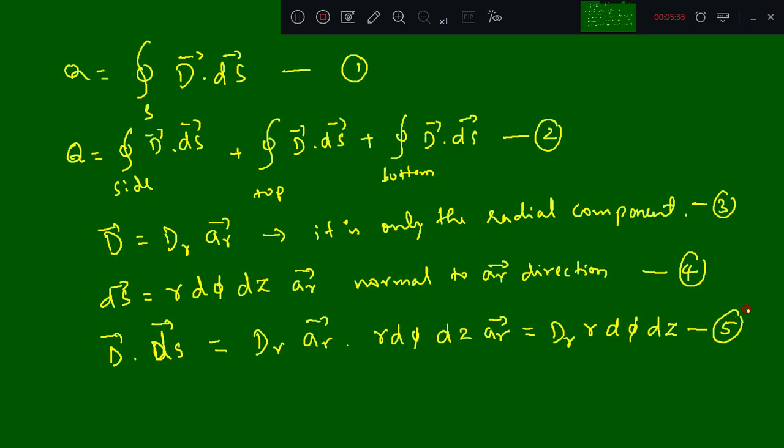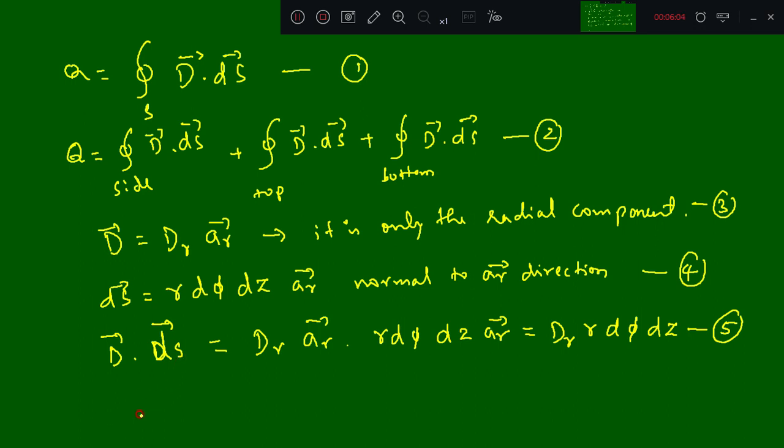Okay. According to the diagram, the infinite line charge is running in the z direction from minus infinity to plus infinity. So the aZ components are opposite to each other. That is, at the top you get aZ and at the bottom you get minus aZ.